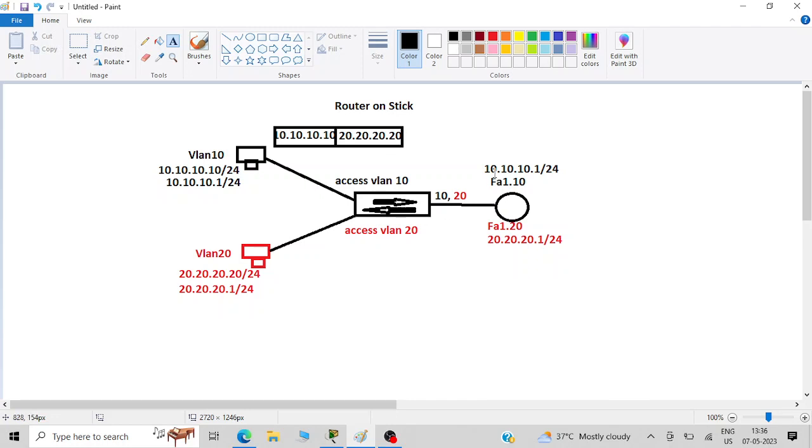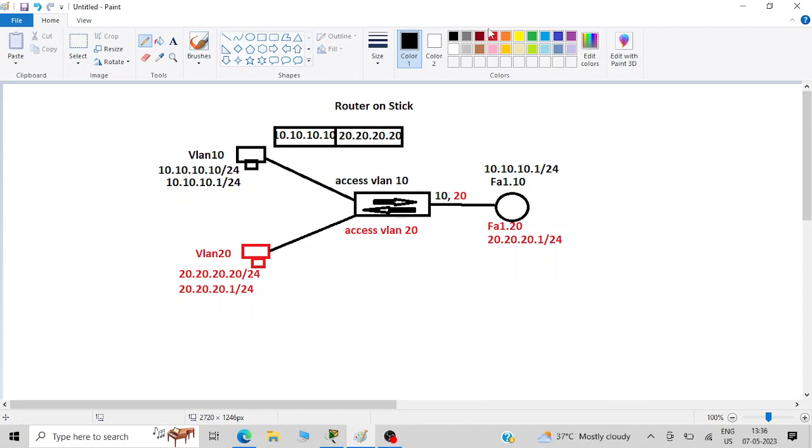The traffic will come in on this interface, and it will exit out of this interface, FastEthernet 1.20, and hence it will be forwarded like this.